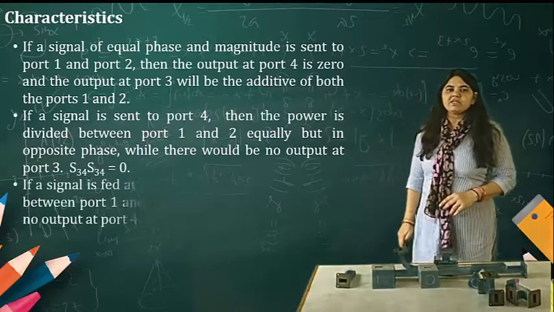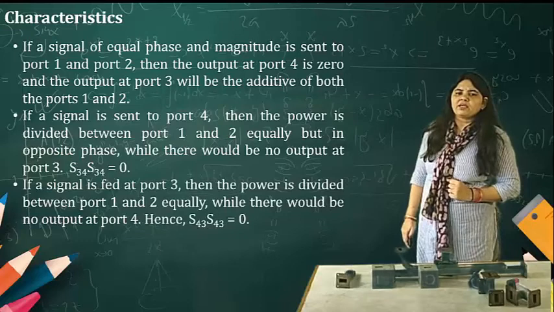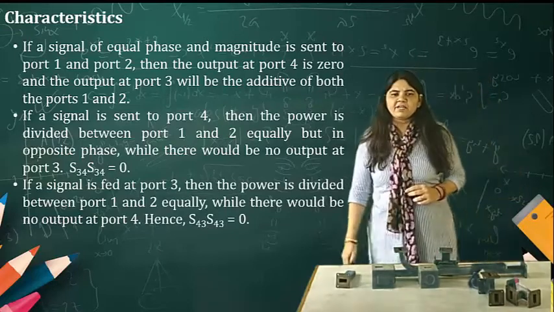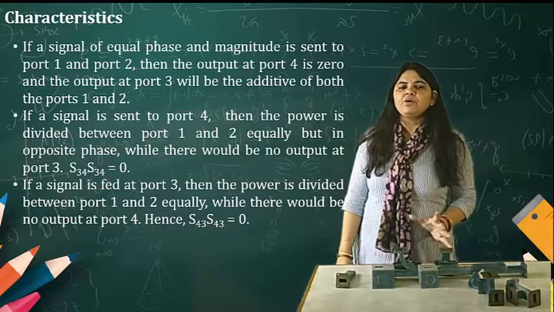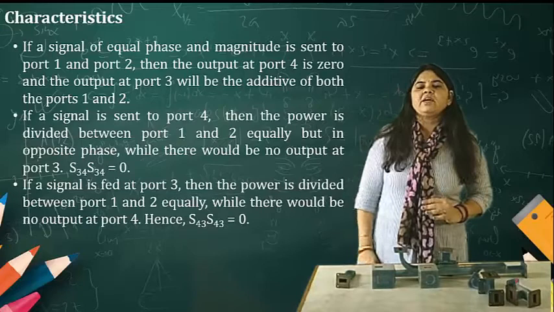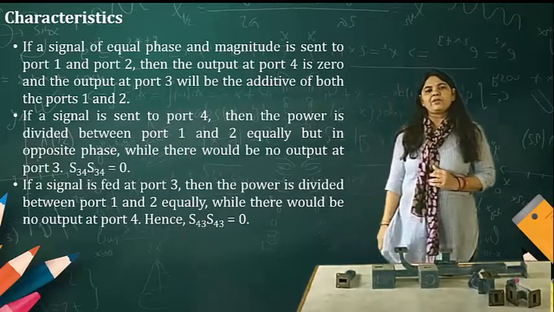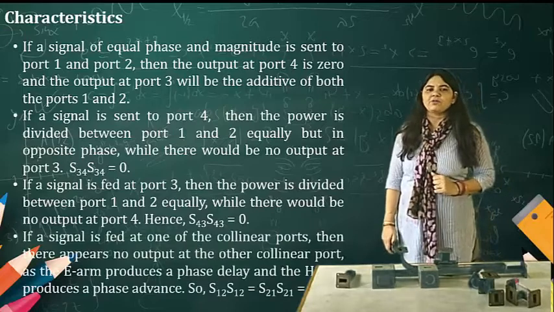If a signal is fed to port number 3, then power is divided between 1 and 2, and there would be no output at port number 4. Again, if you apply the input at port number 3, there is no output at port number 4.